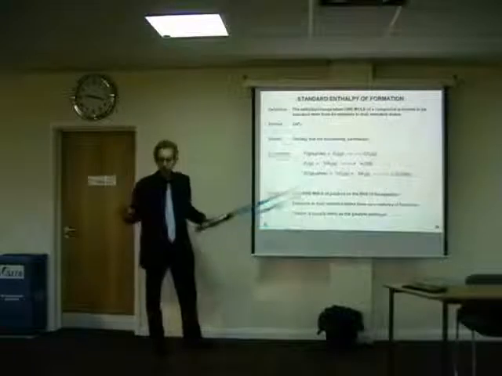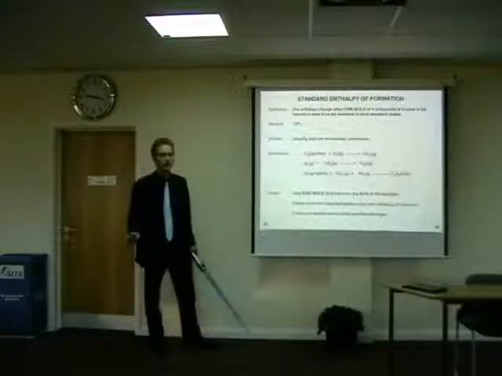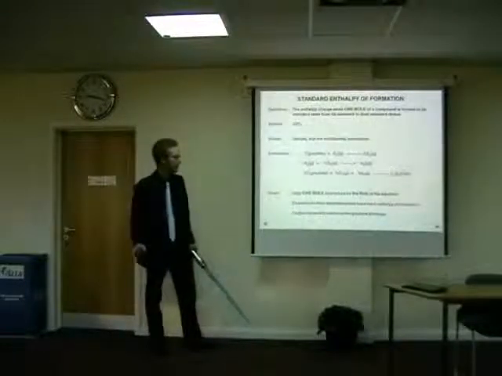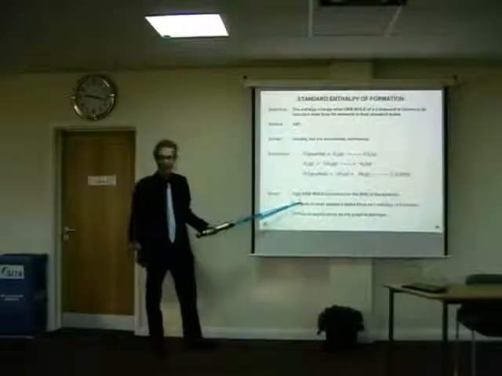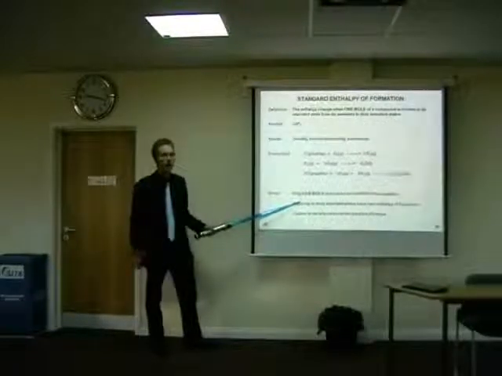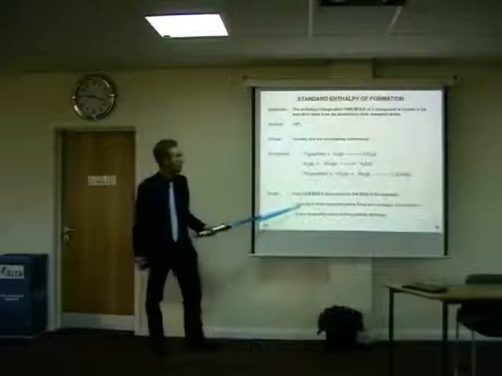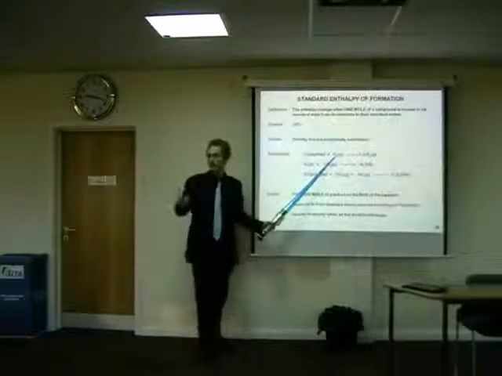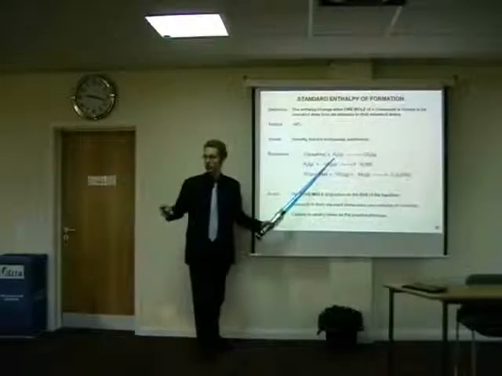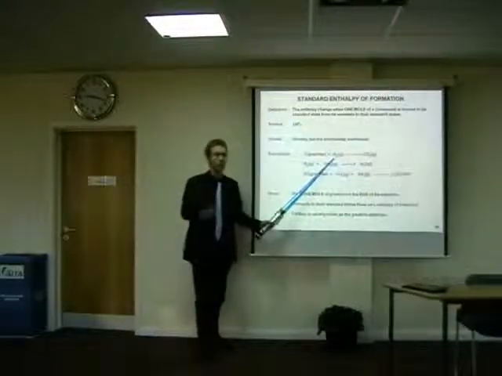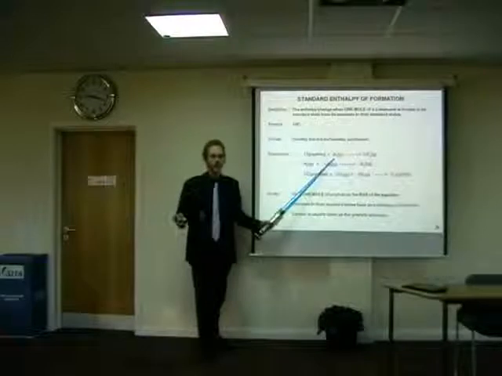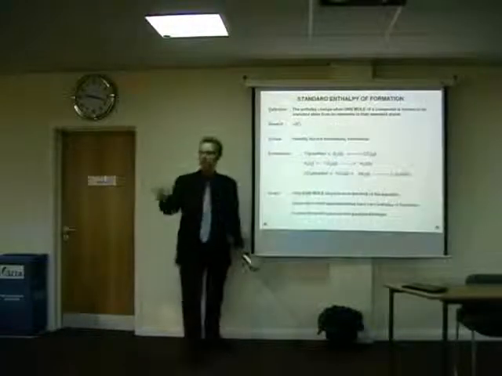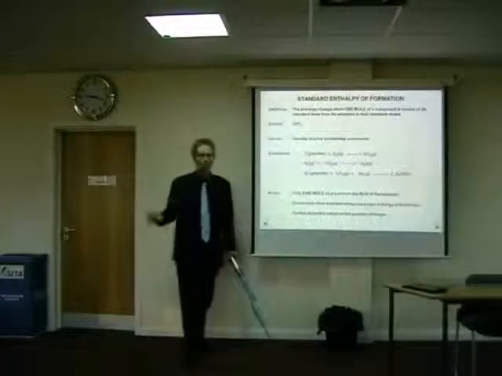Importantly, really importantly, because this pops up very, very regularly, elements in their standard state have 0 enthalpy change of formation. I.e., if you think about it, to make oxygen gas, to think about the delta HF for oxygen, you'd be forming it from oxygen. So you've not changed it. And if there's no change, there's no enthalpy change.